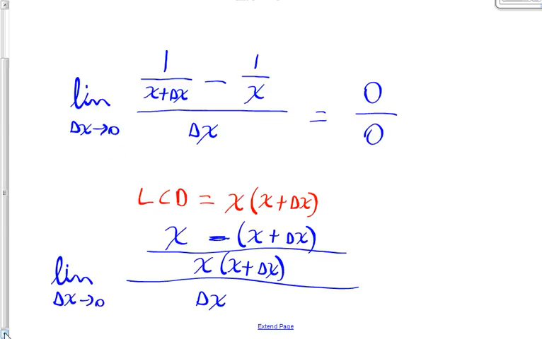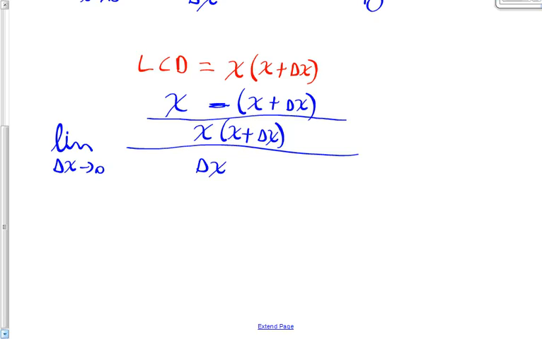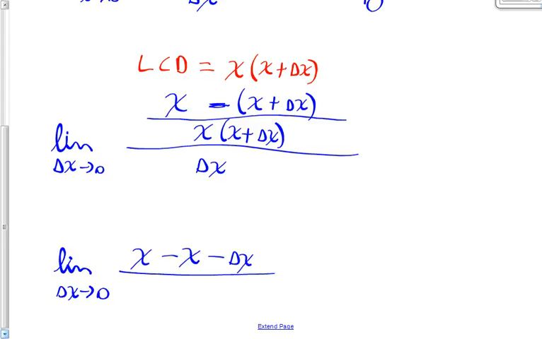So I get this, and I'll have the limit as delta x approaches 0 of x, and I'm going to distribute that negative, minus x minus delta x, all divided by x times x plus delta x, and still divided on the bottom by delta x itself.